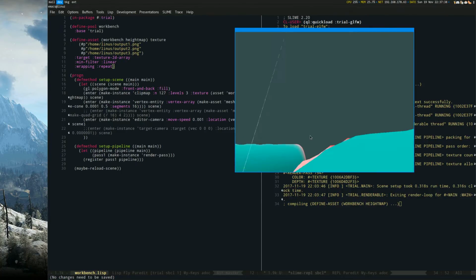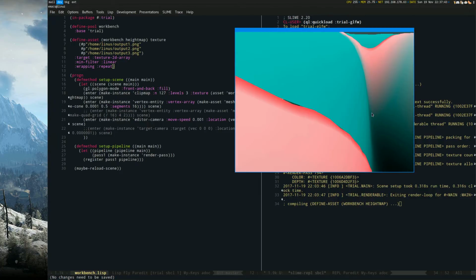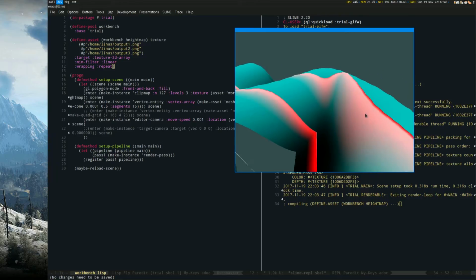No, they're not. Why are they much redder now? I don't understand that part.